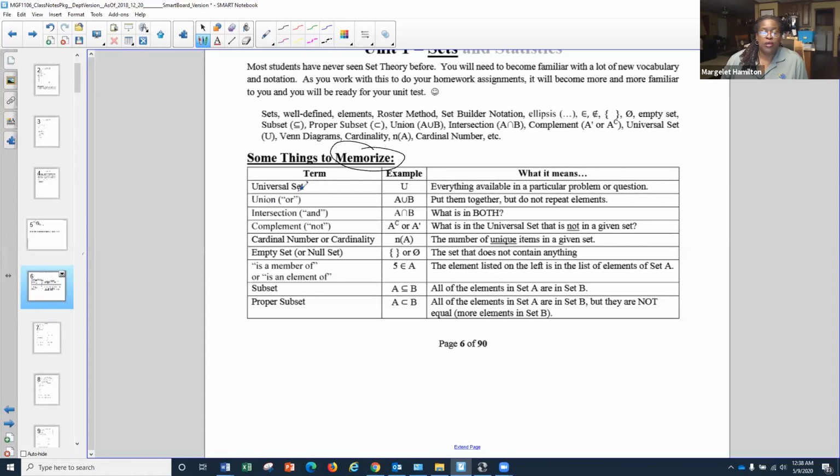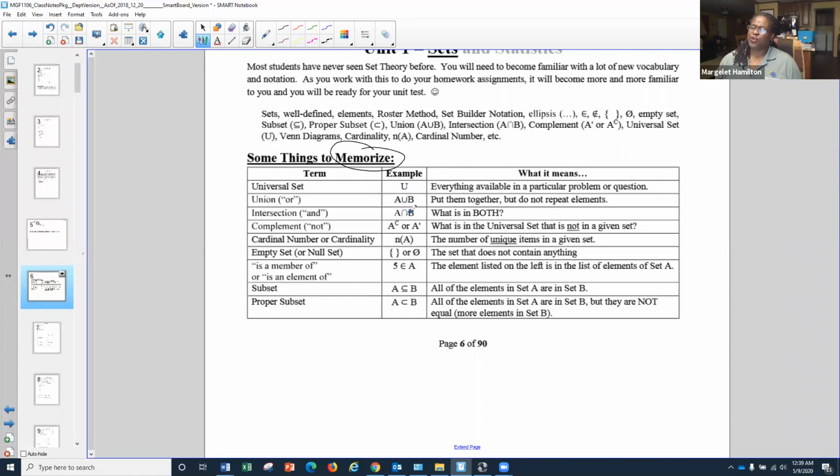Union means the word or. Again, we've probably seen this before. It's represented by an upper U. Again, noticing that it's different from our universal set U, right? The U for universal has our regular letter representation of the U. Here it is just like a scoop.